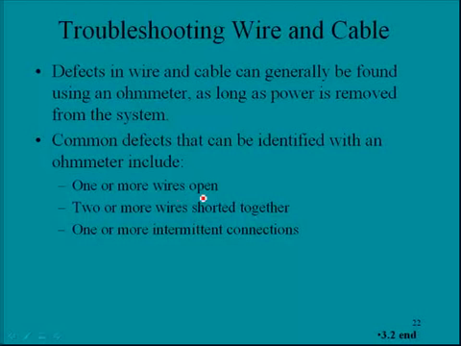One or more wires open. Okay, if you have a given wire, you can use your ohmmeter and connect to the ends, and you should read 0 ohms. If you're reading infinite ohms, then it means that there's an open in this particular wire.